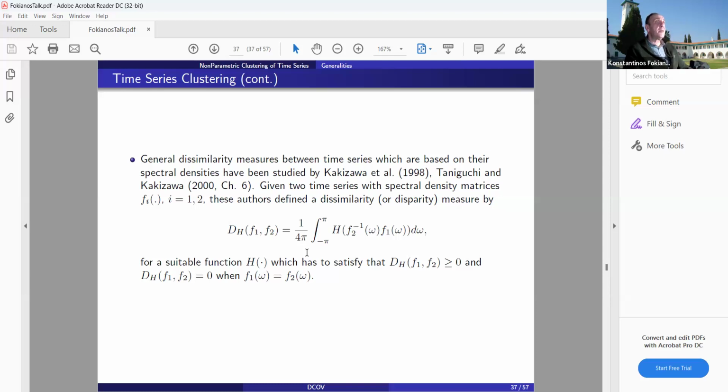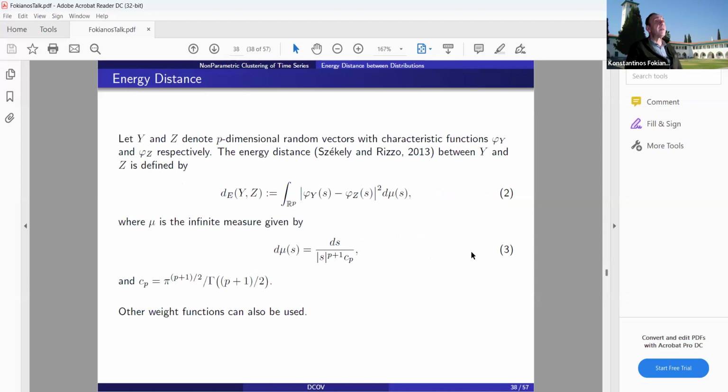These authors defined a dissimilarity measure of two spectral densities in this form, and H is some suitable function. There are many H's that satisfy these requirements, and in the book by Taniguchi and Kakizawa, there are many suggestions. So let's see our suggestion based on what we have seen so far.